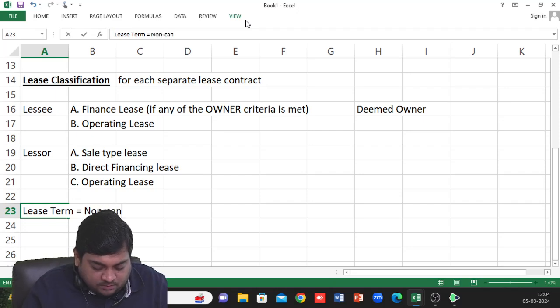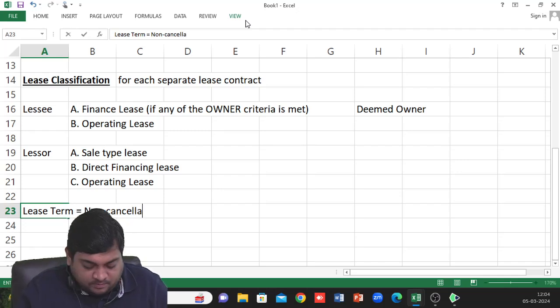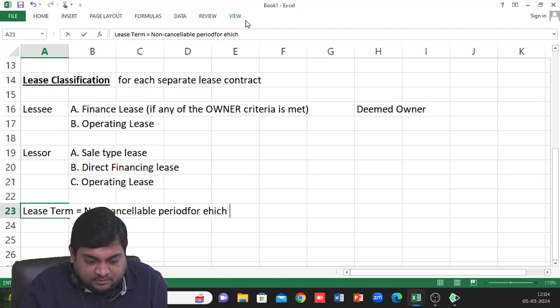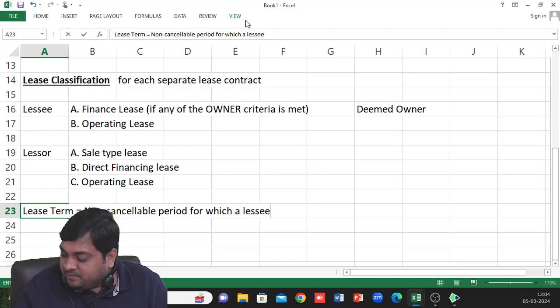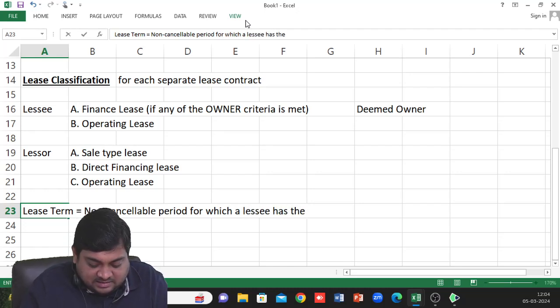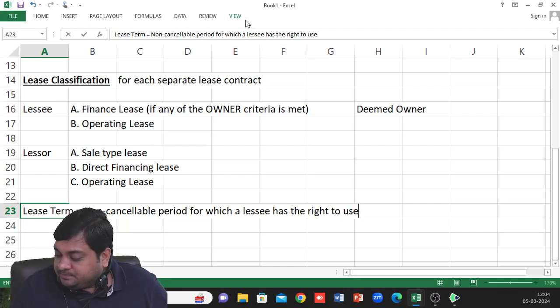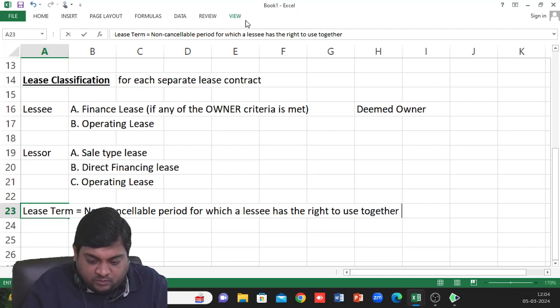This is the non-cancelable period for which a lessee has the right to use, together with optional periods.